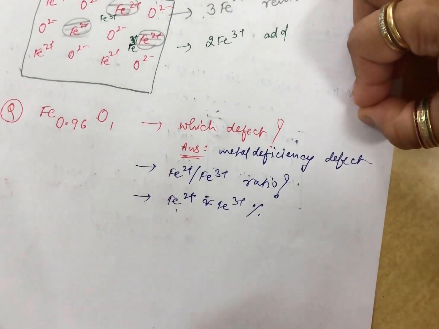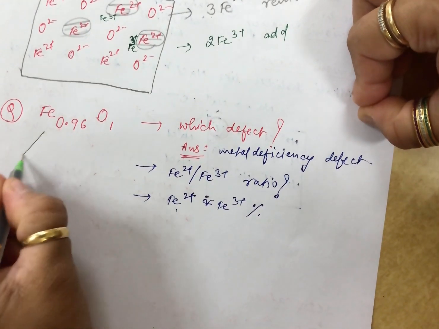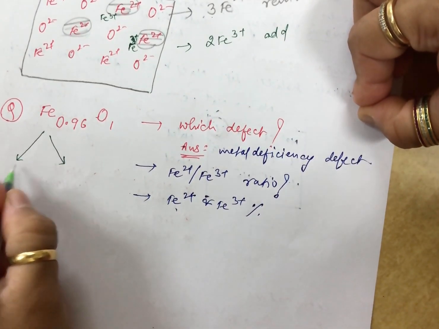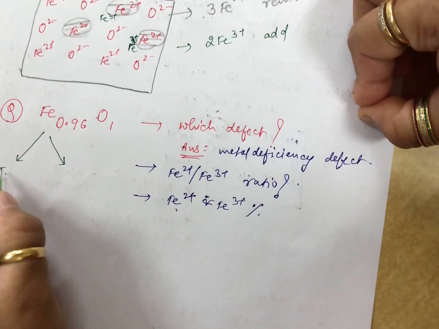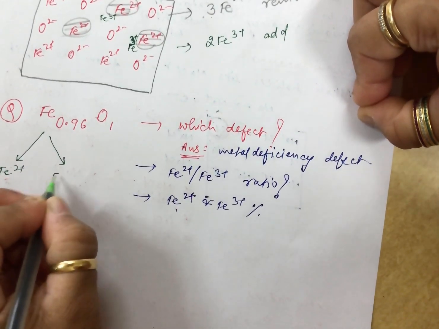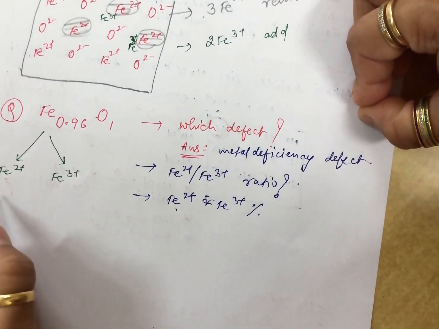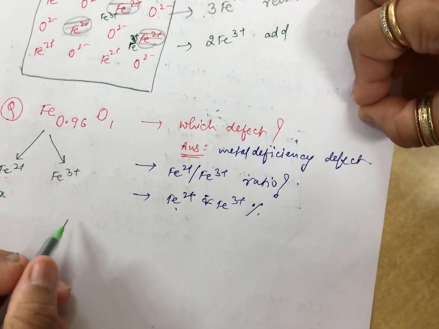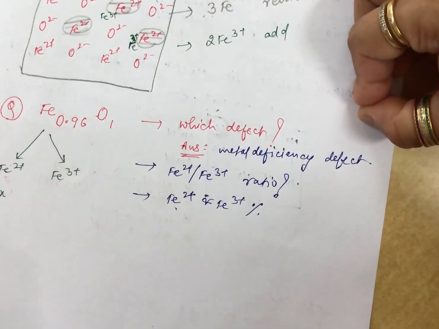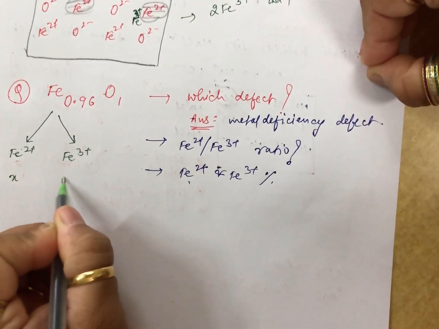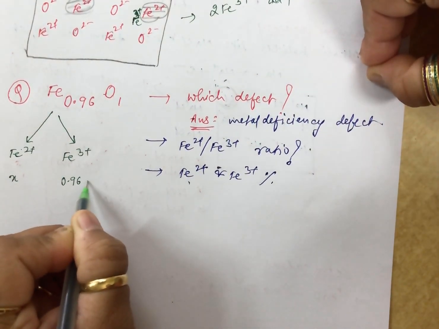Now students, I know that this Fe can exist in 2+ or in 3+. Let us suppose you have X times Fe2+. Total Fe you have is 0.96, right? So Fe3+ would definitely be 0.96 minus X.